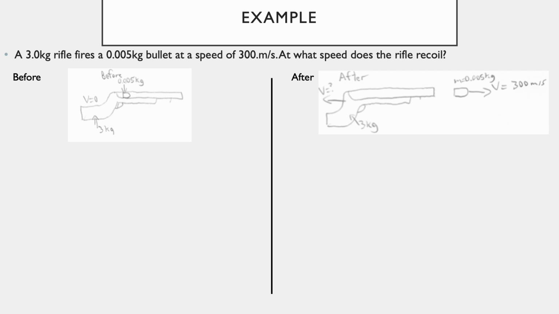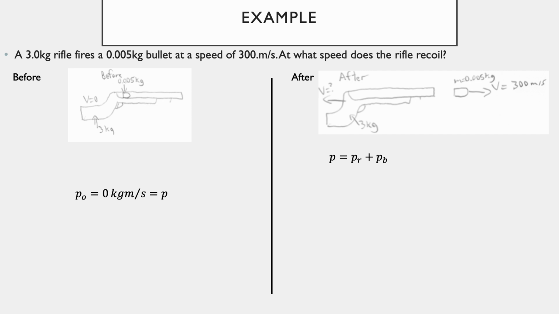So if we look at our before momentum, we can see that nothing is moving, and because momentum requires velocity and our velocity is 0, mass times 0 is 0, so our initial momentum is 0, which means our final momentum also has to equal 0. After the gun is fired, we have two separate things moving, so we can say our momentum is equal to momentum of the rifle plus the momentum of the bullet.